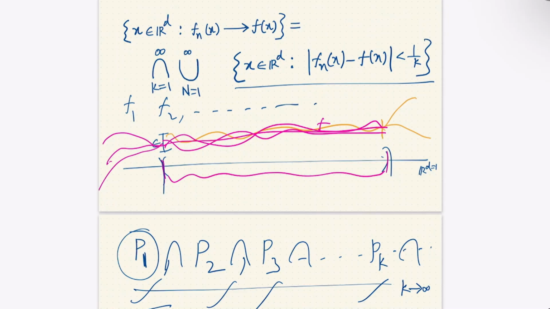This capital N again has an intersection on top of it. After this stage, I have to carry on with this n, right? This n has still not yet arrived. For all n greater than or equal to N.